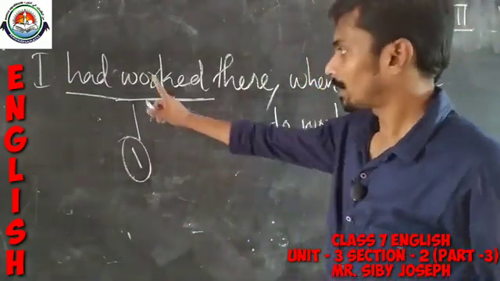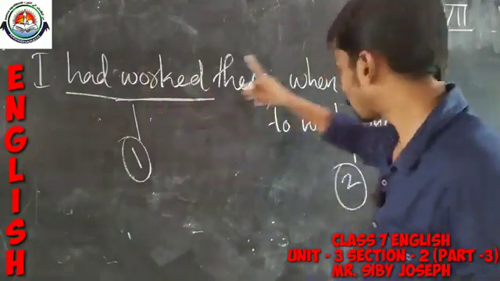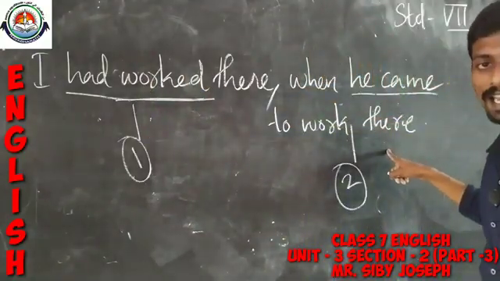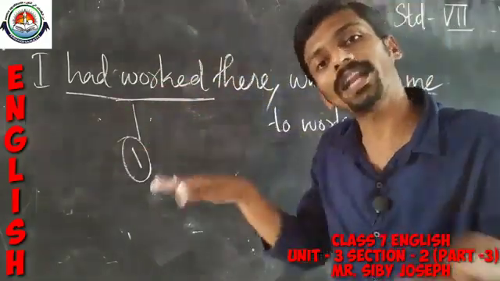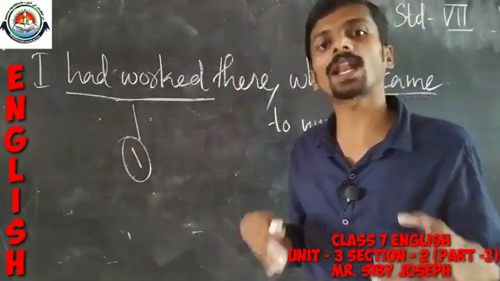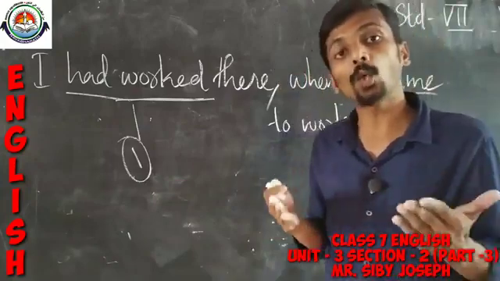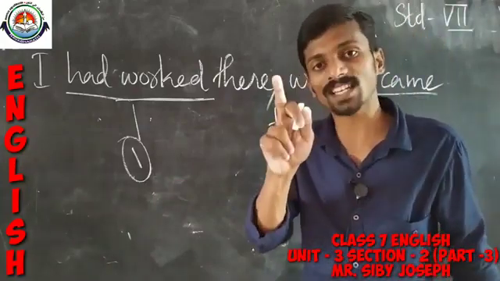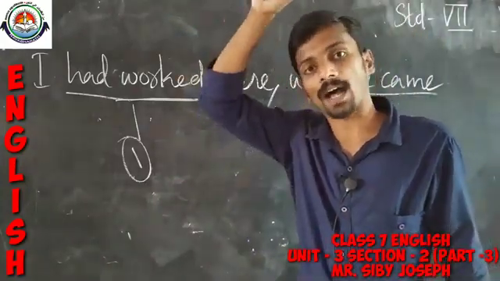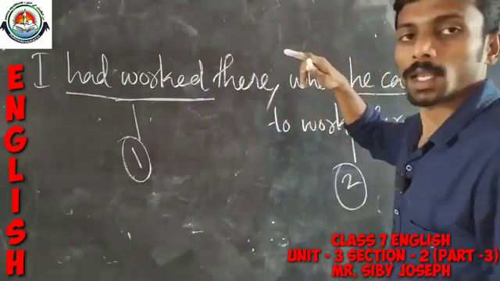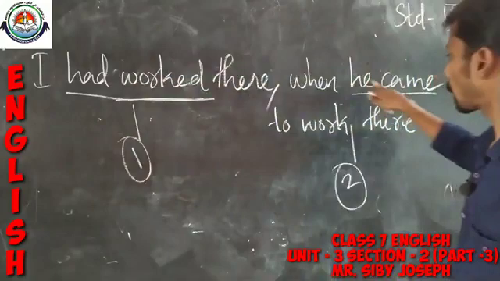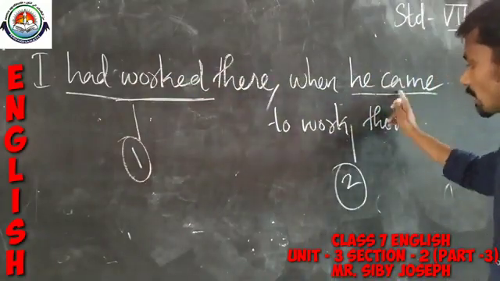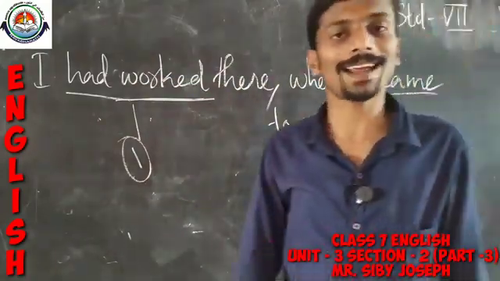So, here this is the first action, this is the second action, and both actions already happened. That is what I am saying: when you want to refer to two actions that happened in the past, you can use past perfect to speak about the first action and simple past to speak about the second action.